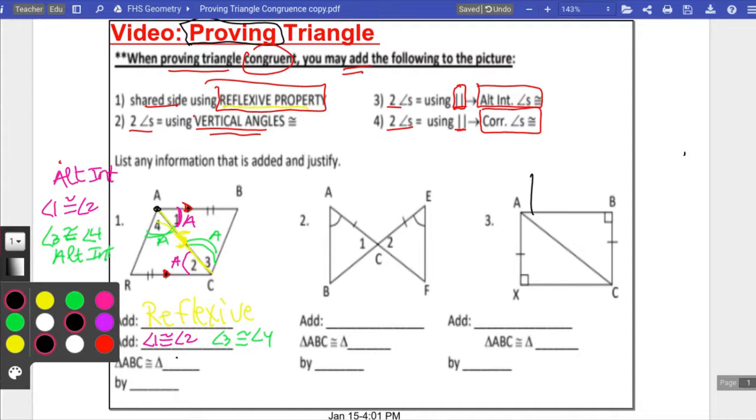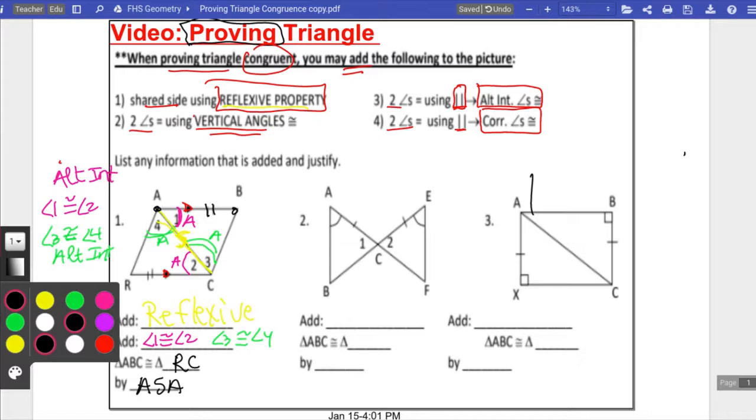It looks like I started with the two lines, therefore I have to start with RCA, ABC, something like that. I don't really care much about that, but I know my answer is angle, side, angle.